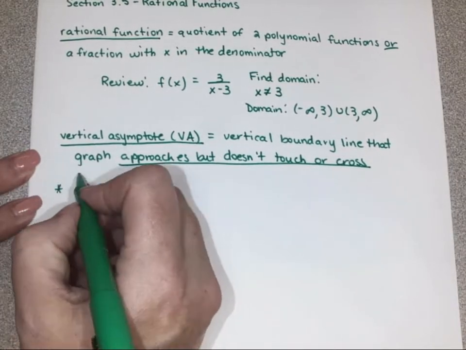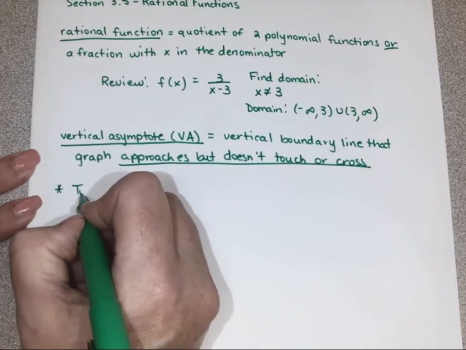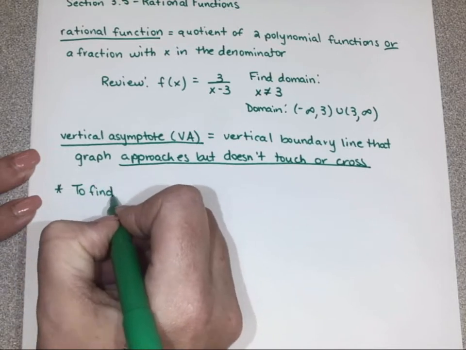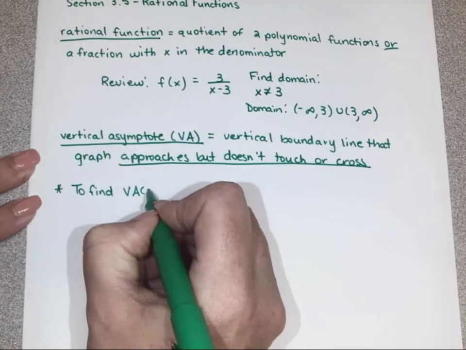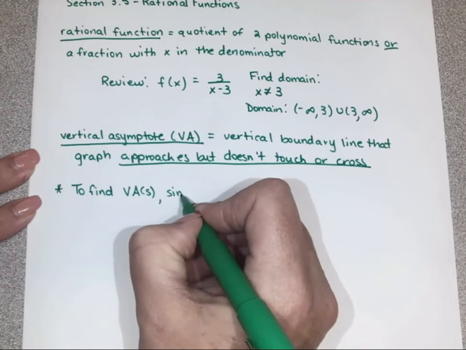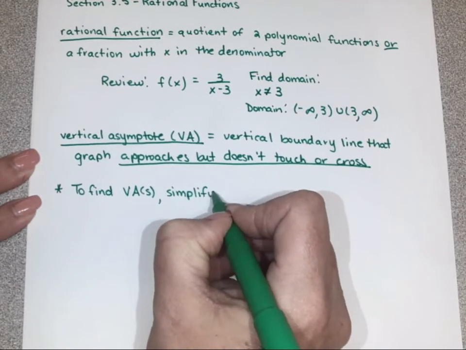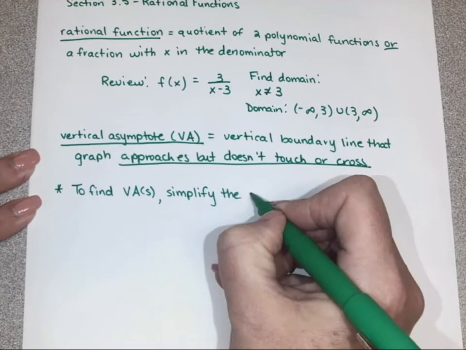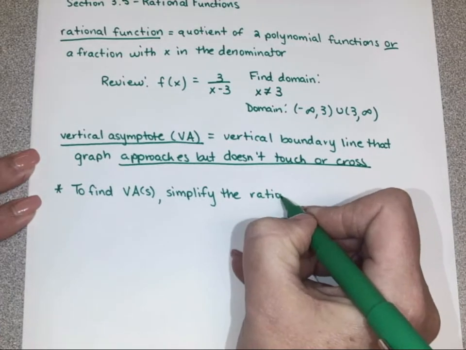All right, so let's talk about how to find vertical asymptotes. So to find vertical asymptotes, first you're going to simplify the rational function.